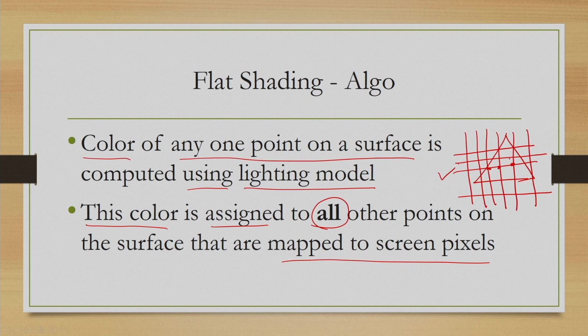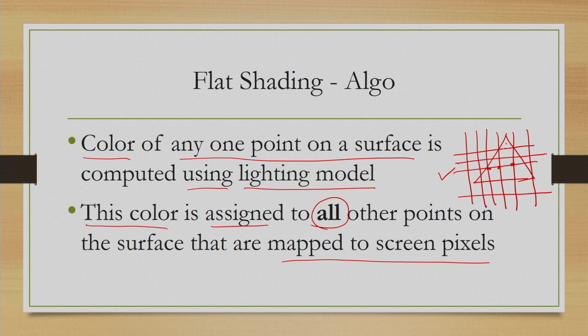Now, in the flat shading model we choose any arbitrary point, apply the lighting model and compute the color of that point in the 3D world coordinate system, because we require to compute the vectors also, and then we use that to assign colors to all other pixels that are part of the surface.